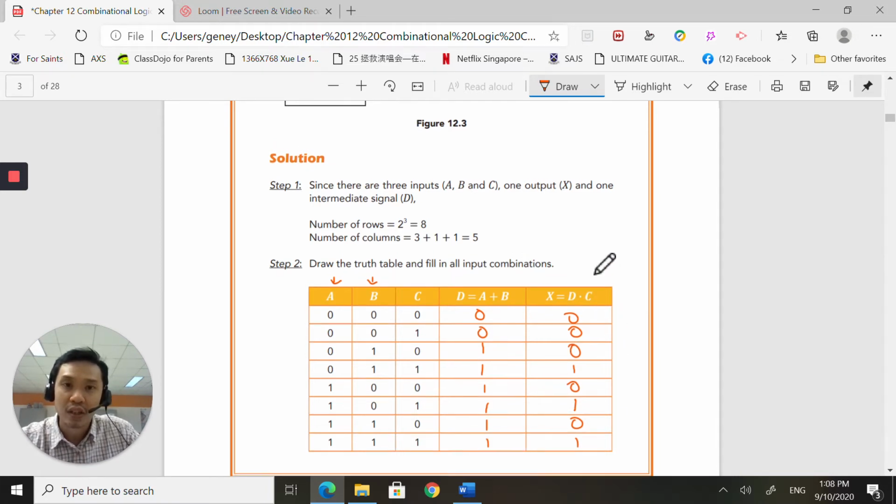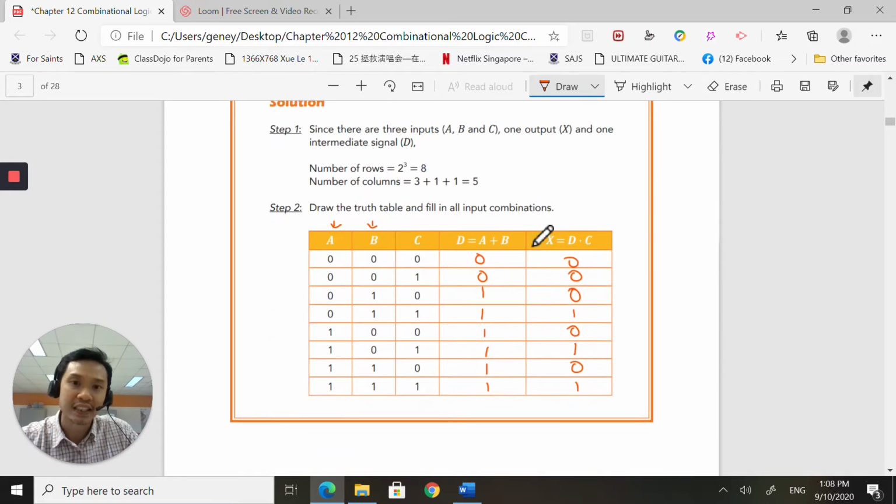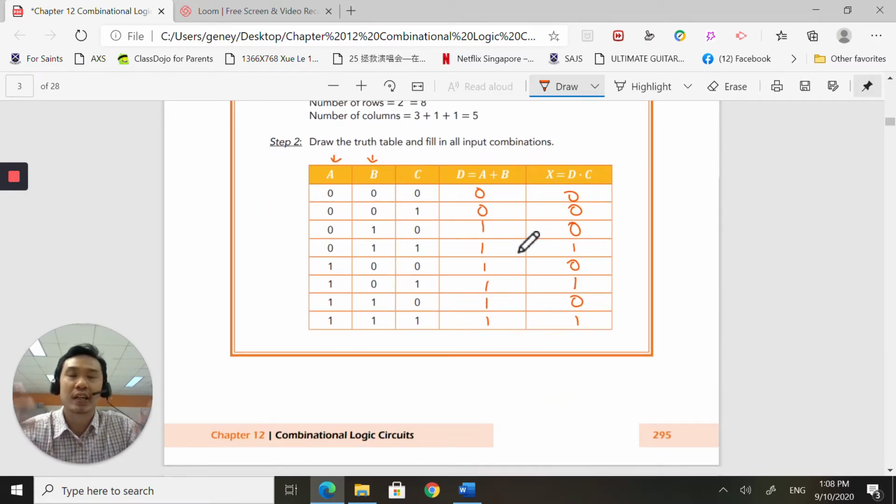Now, what I want to do is come up with something called a sum of product expression. Let's say I were to tell you, come up with an equation, an expression that relates ABC to the output X. I can tell you that X would be true, that means 1, in three situations.